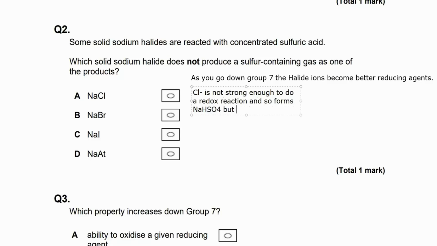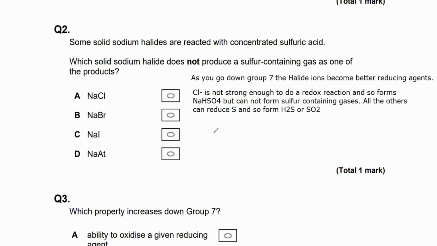Iodide, I should say. So chloride ions are not strong enough as a reducing agent to carry out a redox reaction. And so they form sodium sulfate or sodium hydrogen sulfate. But you'll notice that the sulfur in sulfuric acid has a +6 oxidation state.